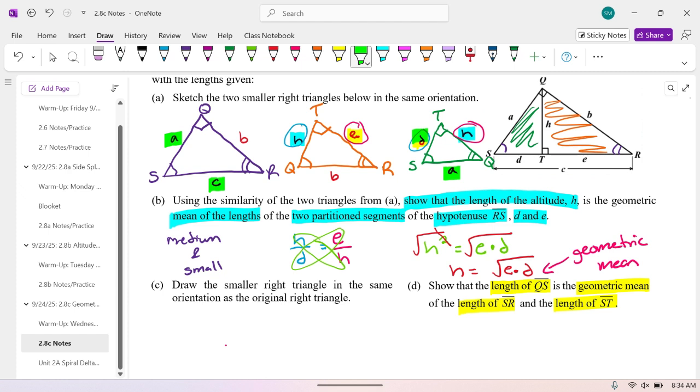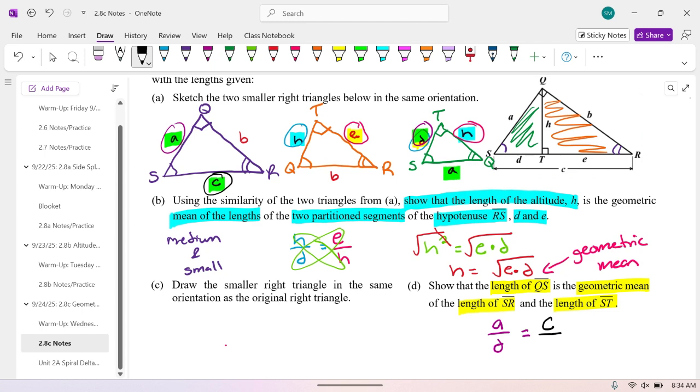So let's just start with our big triangle. I'm just going to pick a side. I'm just going to say SQ, or A. So I'm talking about A on my big triangle. So I have A over, what's the corresponding side on the little triangle? D. So A over D would be equal to, so C is my other side on the big.